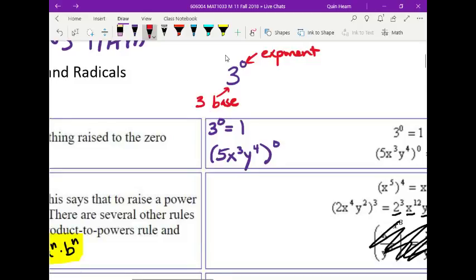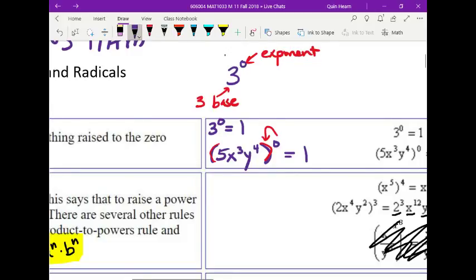In the expression 5 times x to the third y to the fourth, since the whole expression is inside parentheses, that whole thing is the base. And the 0 is affecting whatever's in the parentheses, the base. So even though we have this great big giant expression being raised to the 0 power, we still just get 1.